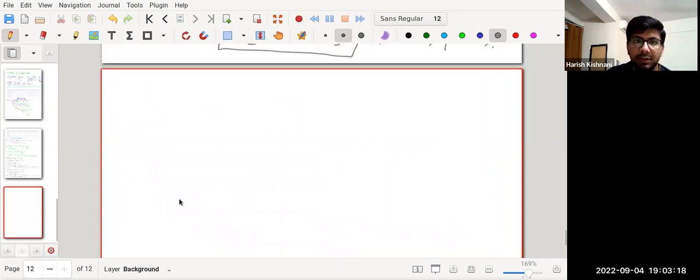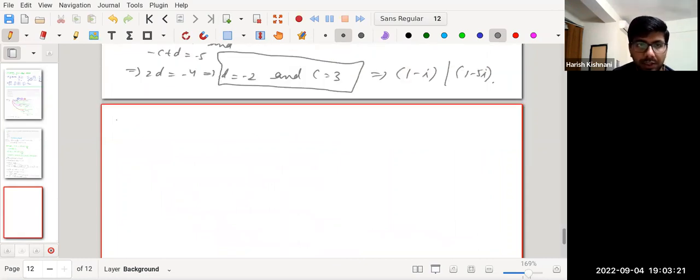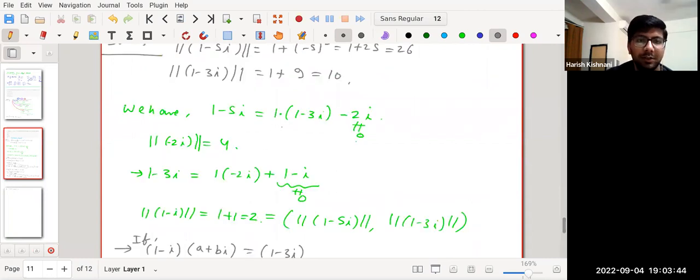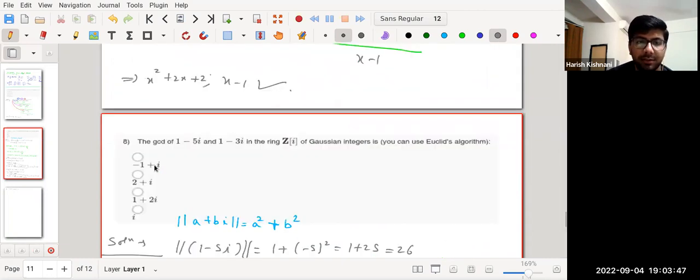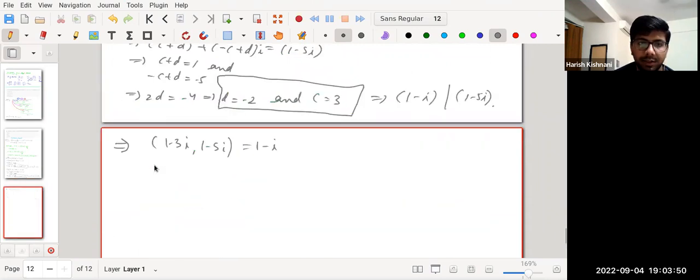So all this helps you to conclude that the GCD of 1 minus 3i and 1 minus 5i is 1 minus i. You can see that there is no uniqueness with 1 minus i, but minus 1 plus i is also, minus 1 plus i is just minus 1 times 1 minus i.